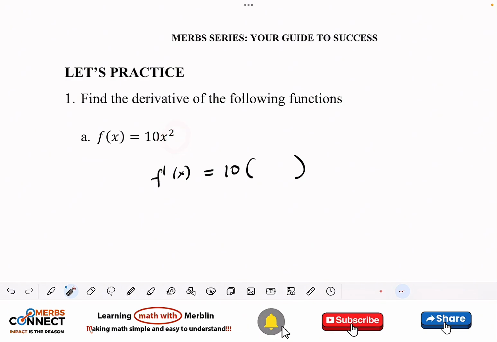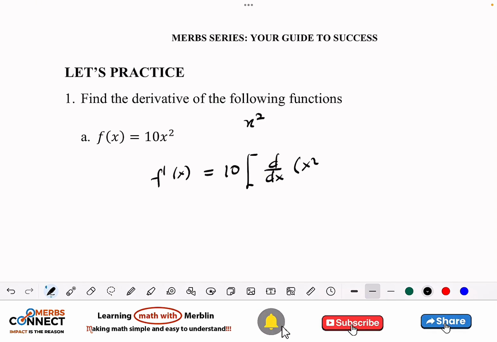So now I come to differentiate x squared. Now that I've realized that this is the constant multiple rule and I need to maintain my constant, I've done that. So what am I going to do? Now I come to differentiate what is inside the bracket. Don't worry, I'll be doing it direct very soon.